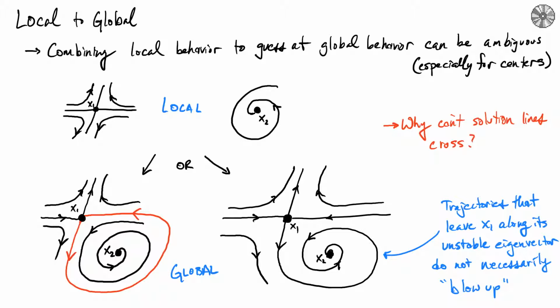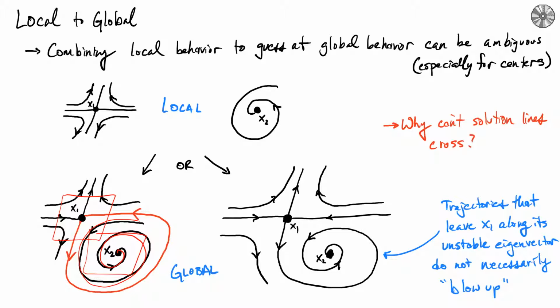I'm just presenting you with a simple example where if you had a saddle point and a spiral focus or a stable focus, you could combine those together, for example, like either of these two ways. So here, the spiral focus spirals into x2, so locally around here, it looks like that stable focus. Locally around here, it looks like the saddle point.